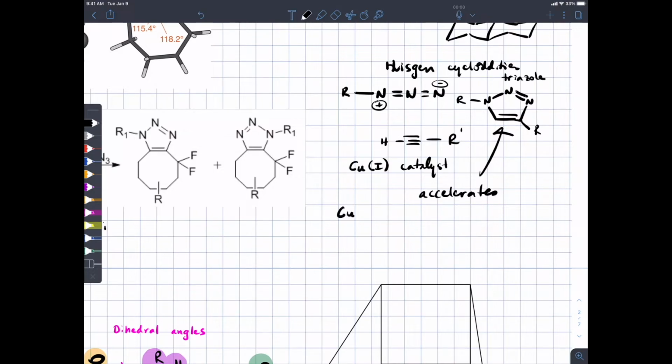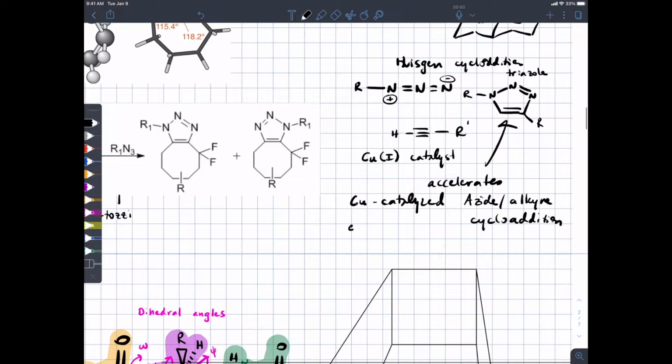This is often called the copper catalyzed azide alkyne cycloaddition. People often say it's click chemistry. That's a word in chemistry for reactions that are efficient and proceed without interference from other biological functional groups. We call them bio-orthogonal reactions. Sometimes people call this the click reaction.